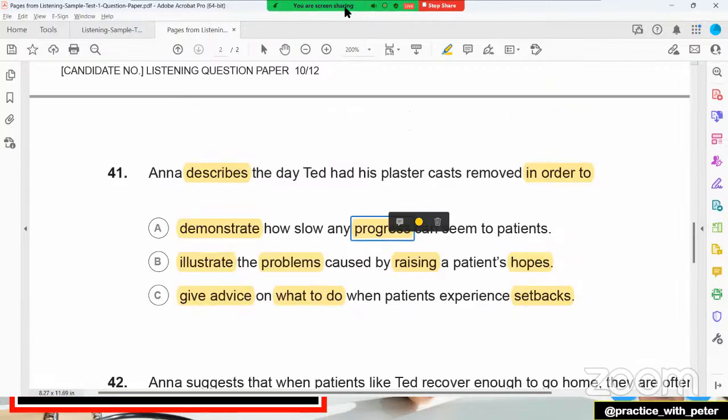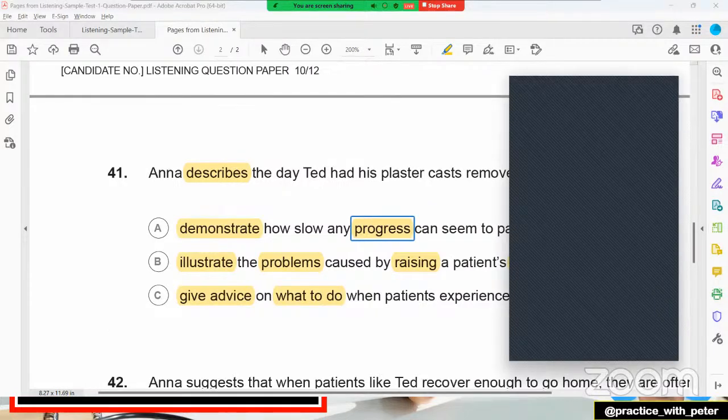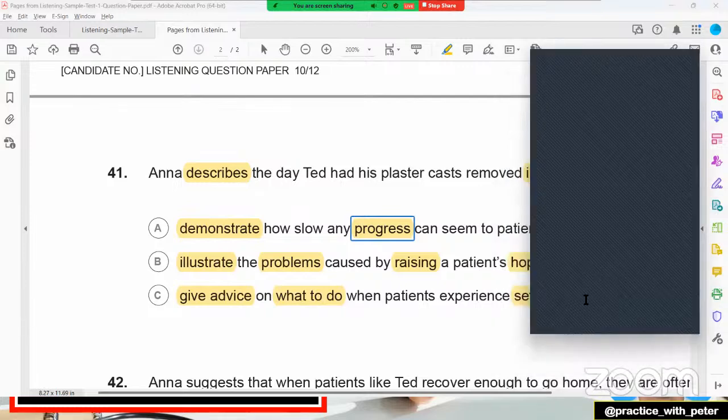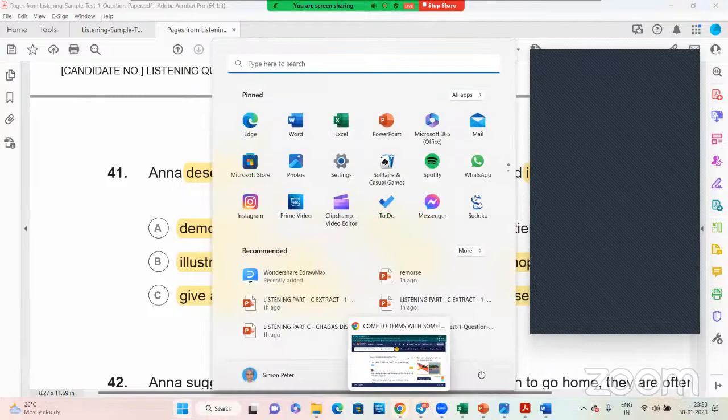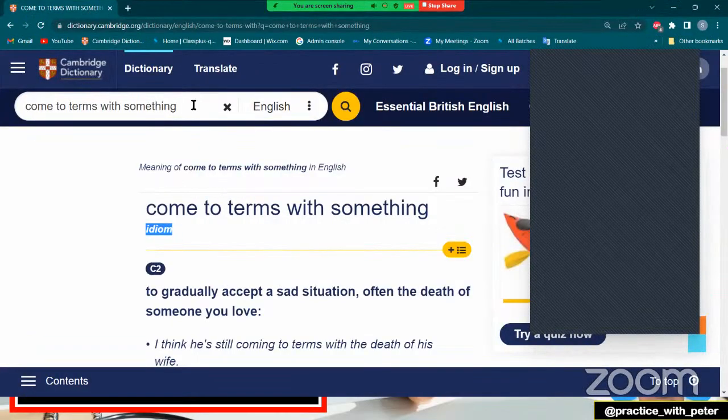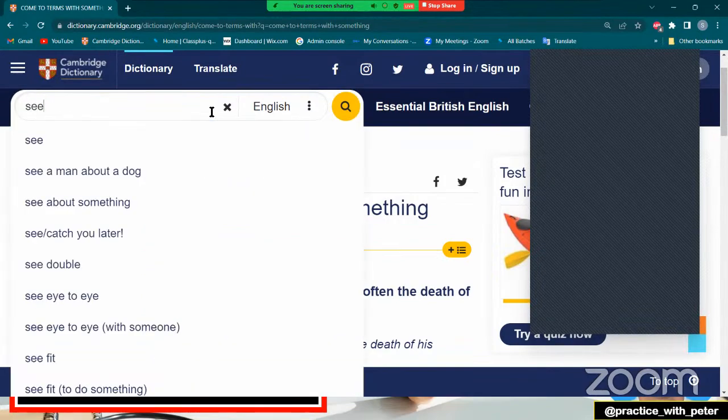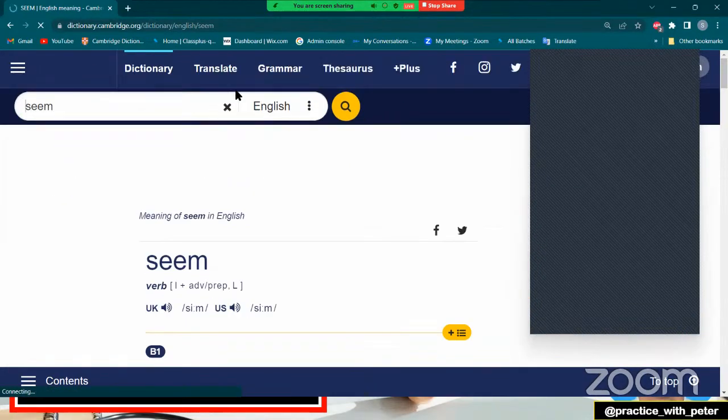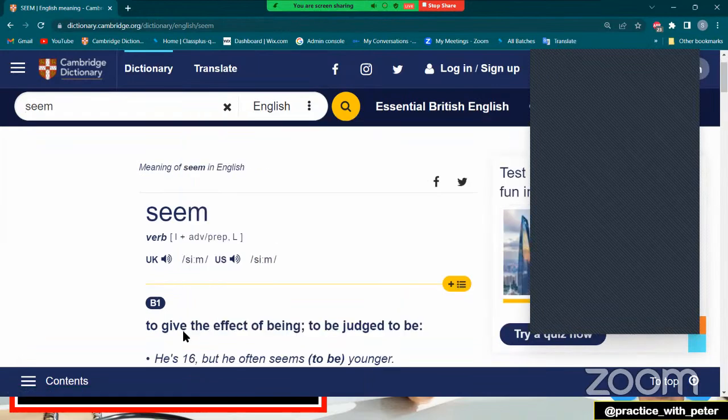Progress. Come on, write the synonyms of progress. Seem. What is the synonym of the word seem? And what type of word is this? Seem is B1.